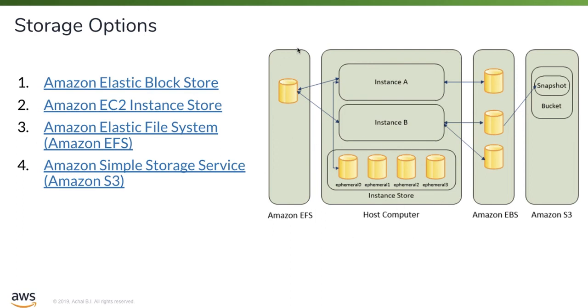There is also Elastic File System, which is a file storage, and there is S3, which is an object store. As the EBS name itself specifies, it's block storage. And there is also the Instance Store, which is part of the host system itself.